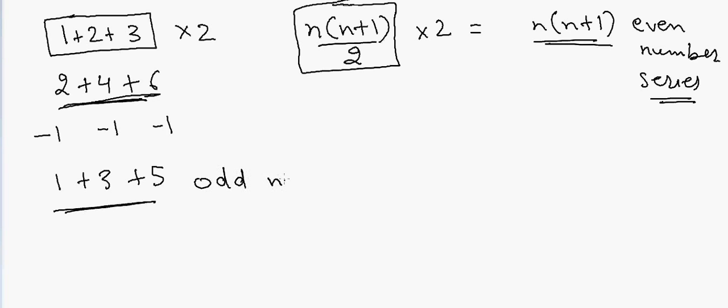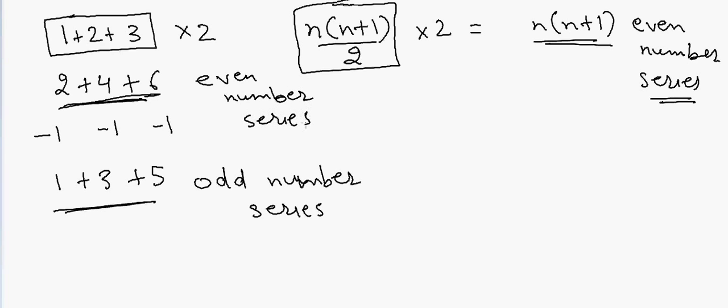So this is the odd number series, and this was an even number series. In that case, what we did is, from the total sum we subtracted the number of ones, that is equal to the number of digits.